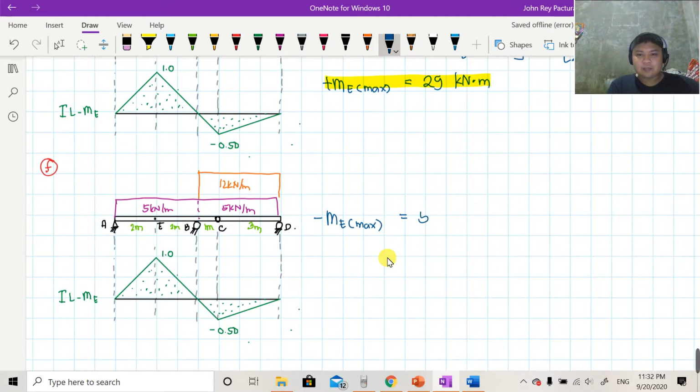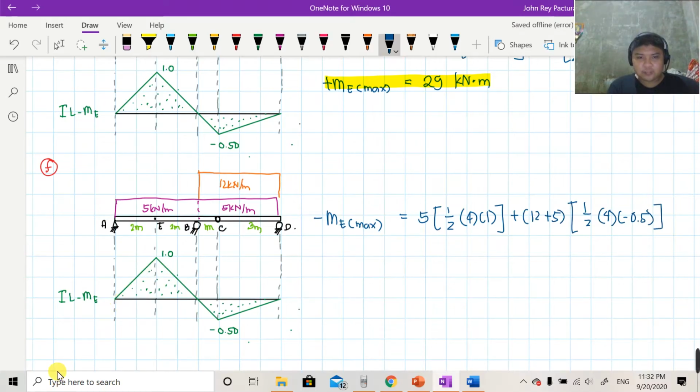So unahin muna natin yung 5 which has an area of 1 half of 4 times 1. So I am referring, this is the 5 kilonewton per meter applied load, tapos ito yung area na tinutukoy niya, right? So as well as 12 plus 5, so the negative area will be 1 half ng 4 and negative 0.5. Okay, so yun.